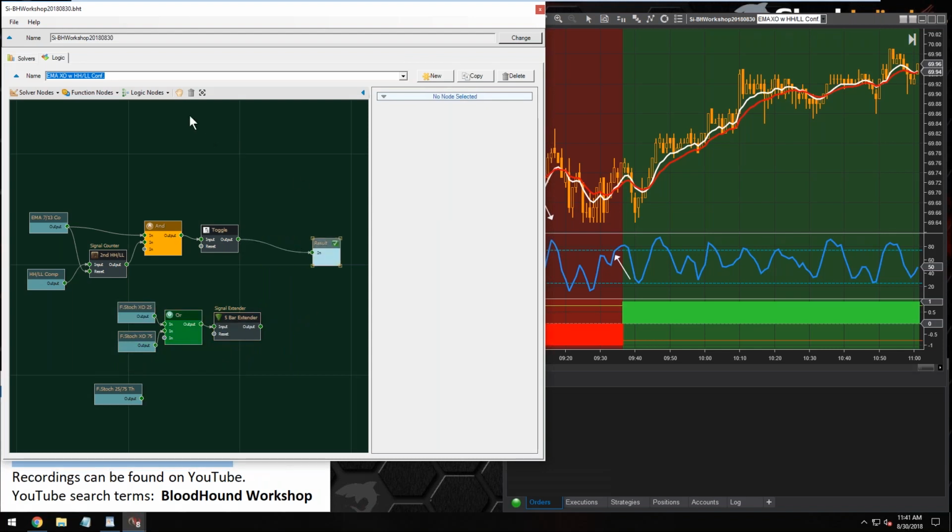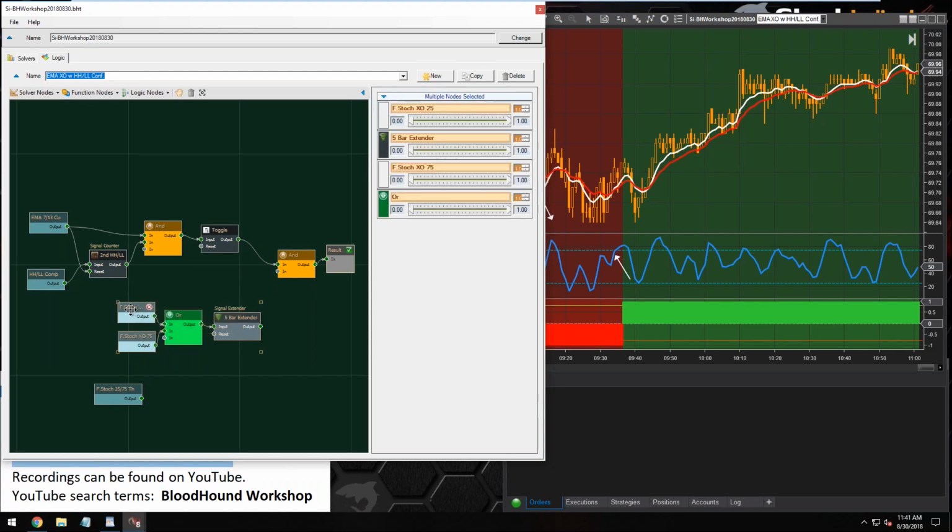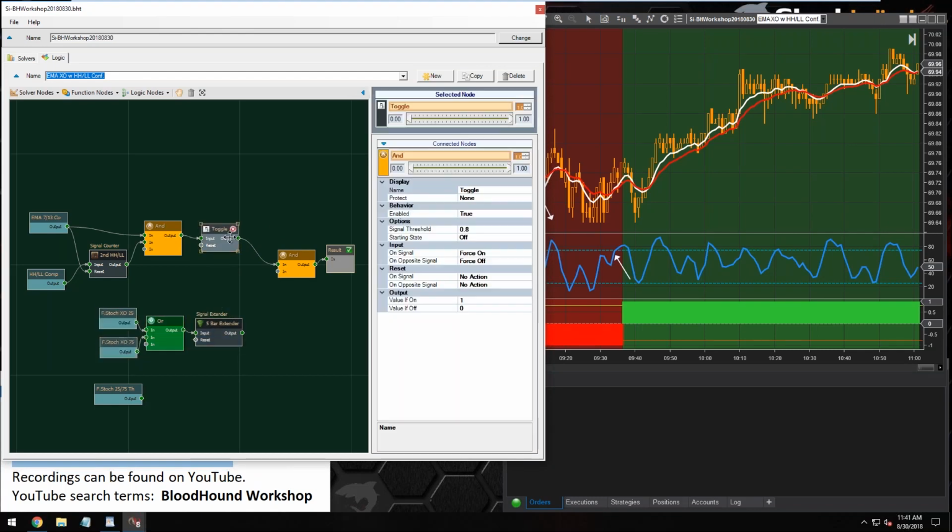So the last step would be to combine the two components together here. So we'll plug in the trend. If we wanted to, we could take this toggle node and rename it the trend, so we know that trend signals are coming out of the toggle node here.